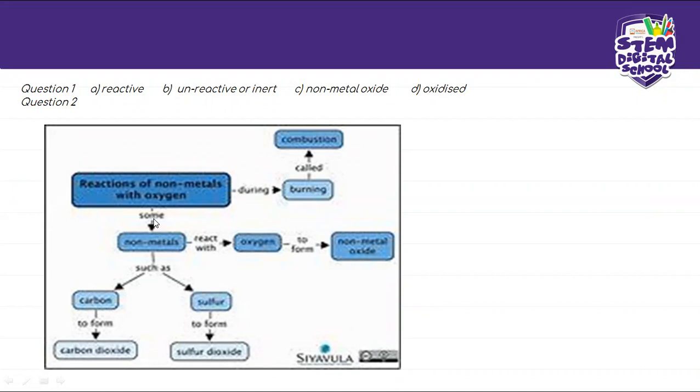When oxygen reacts with non-metals such as carbon, we form carbon dioxide, and with sulfur, we form sulfur dioxide. Non-metals react with oxygen to give us a non-metal oxide, just as a metal reacts with oxygen to give you a metal oxide. So take note.